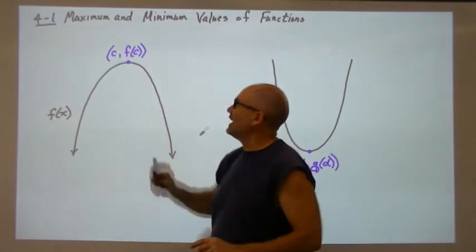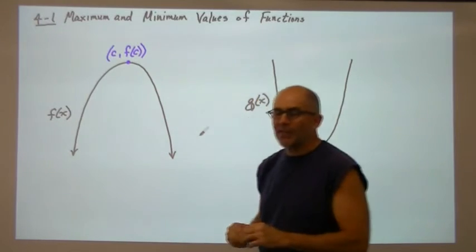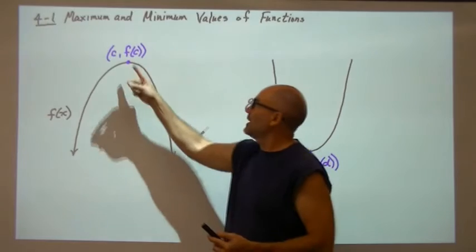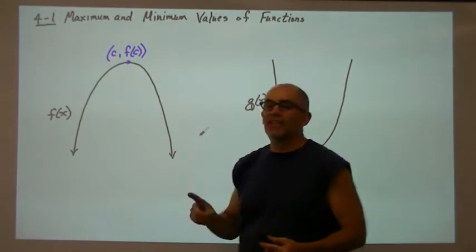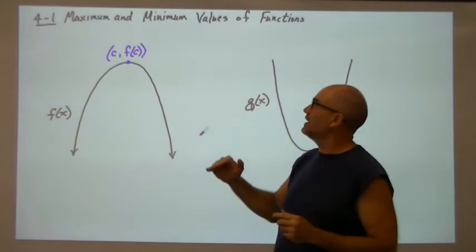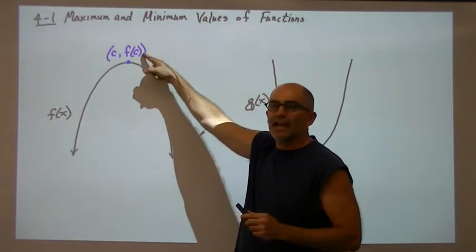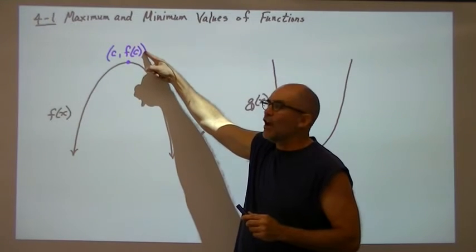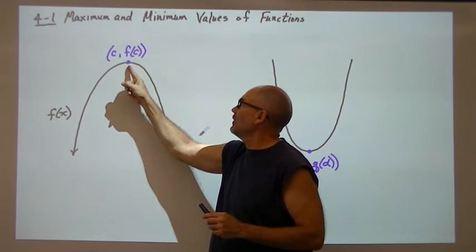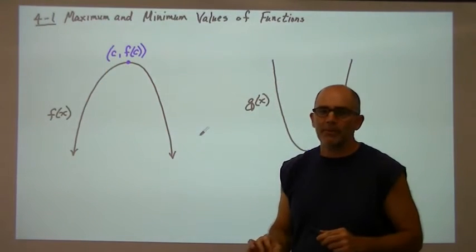Now, c is the location of the absolute maximum. And that's an important distinction. A lot of students fail because they say that c is the absolute max. It is not. The absolute max is the highest point on the curve, and when we're talking high and low, we're talking f of x, not x. So f of c is the absolute maximum, c is the location of the absolute maximum.